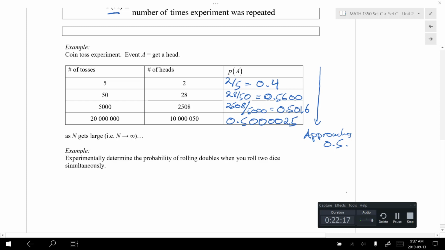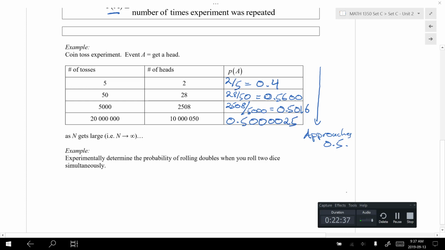Now, there are some interesting questions about, well, how do you know when you're done? How do you know when the values have kind of stabilized and stopped changing and we can stop doing more experiments? Isn't it always better to do more? Shouldn't we just keep going forever? These are things we can maybe talk about a little bit later.